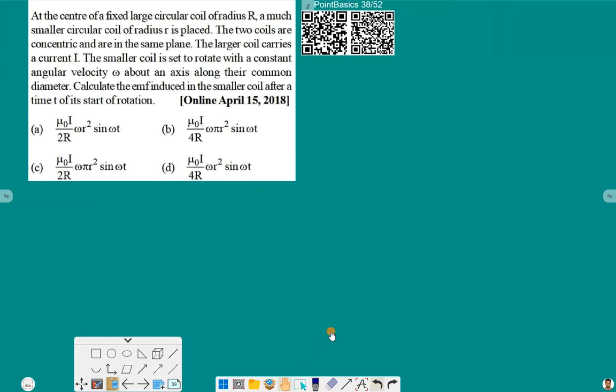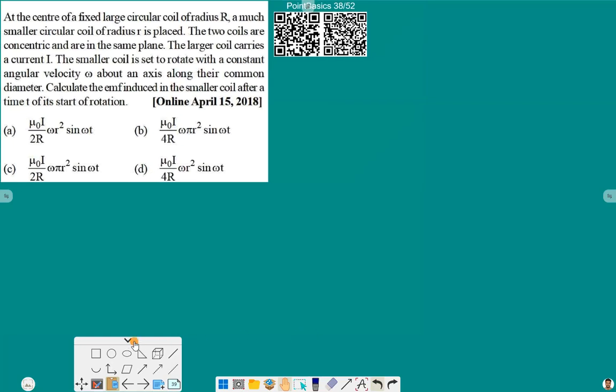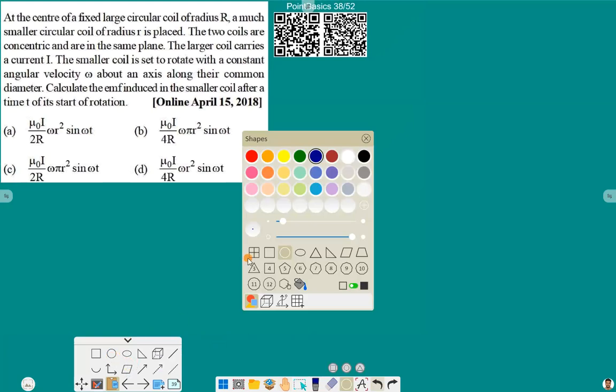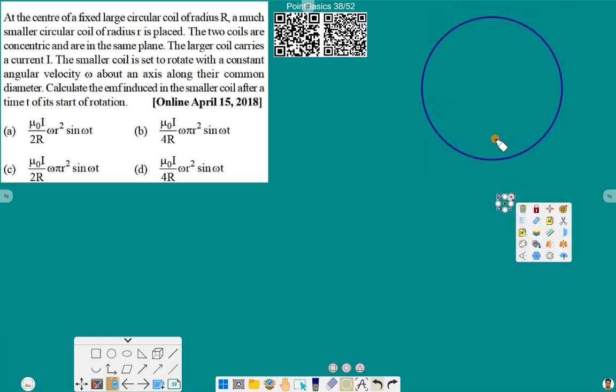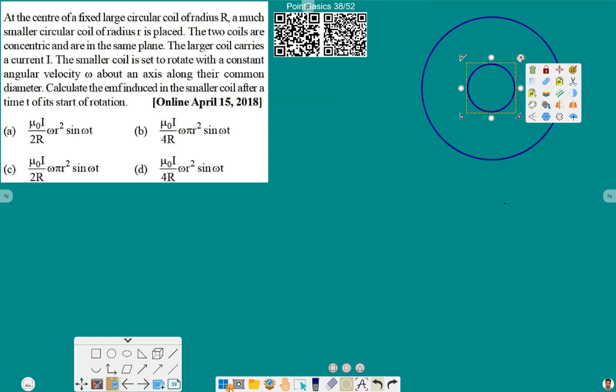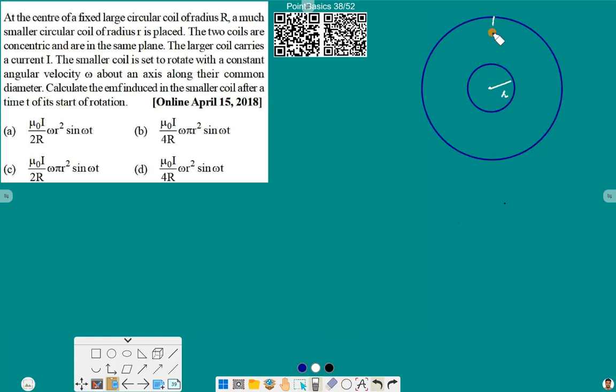So first of all, let's draw it on the left side. Now we have two coils. Suppose this is the bigger coil of radius capital R, and this is the smaller coil of radius small r.